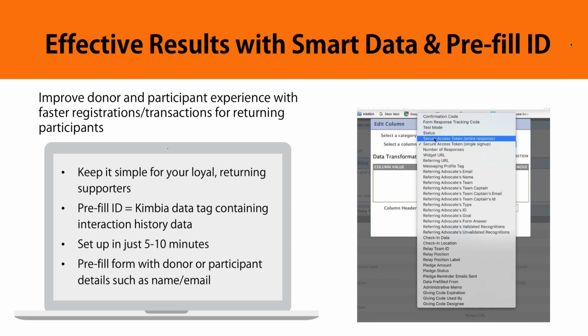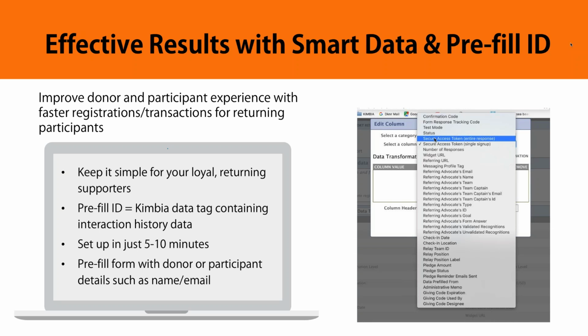Essentially what we do with pre-fill ID is every interaction either a donor or an event participant, for example, takes with the Kimbia form, we take a snapshot of that interaction. We save the data, obviously, so you can report on it. And then we give a unique ID to each of those interactions. That way we can use that in the future.